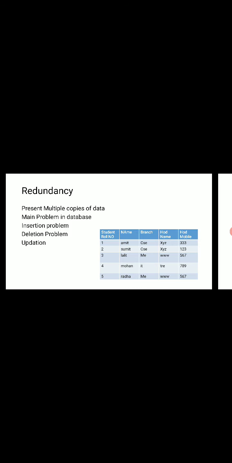In record 1, the name is Amit, branch CSC, head name XYZ, mobile number 333. In the case of Sumit, branch CSC, head name XYZ, mobile number 123. So redundancy is the same data coming multiple times. Here head name, mobile number, and branch are redundant data: CSC, CSC, XYZ, XYZ.